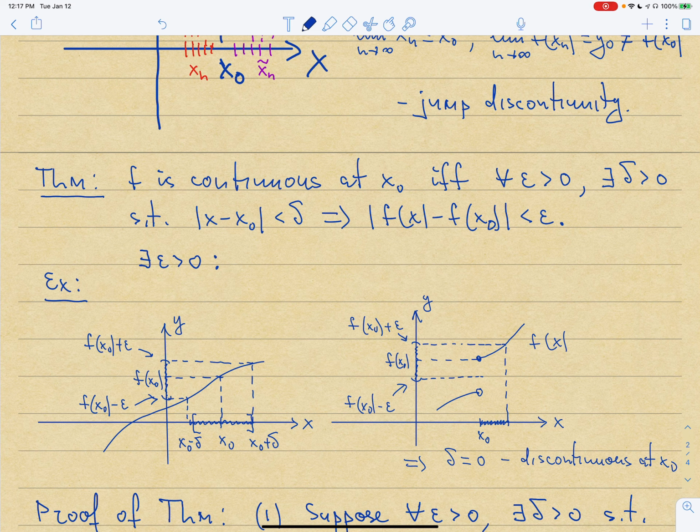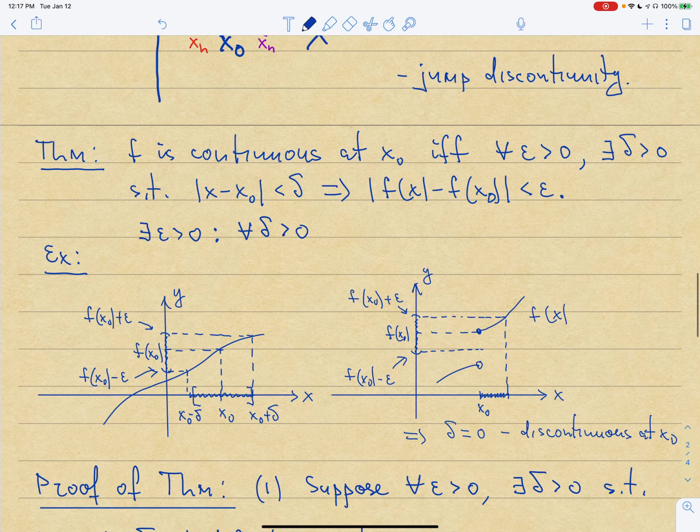okay, so previously we were saying that for any epsilon there exists a delta. So now the contrapositive to that would be that for an epsilon that we chose, such a delta does not exist. So that means that for any delta greater than 0, the opposite of what we were saying before is true.